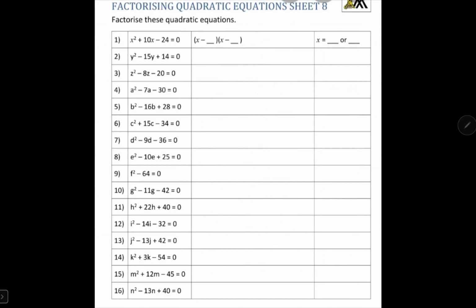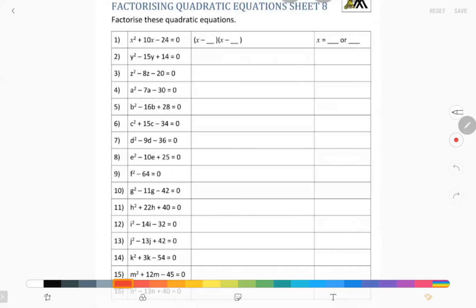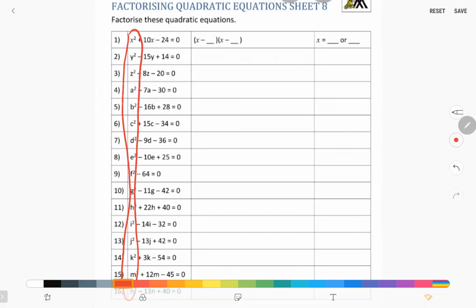The first term is just x squared, no 2 in front of it, no 3 or anything like that. If you look at all of these values, they're all just square terms.